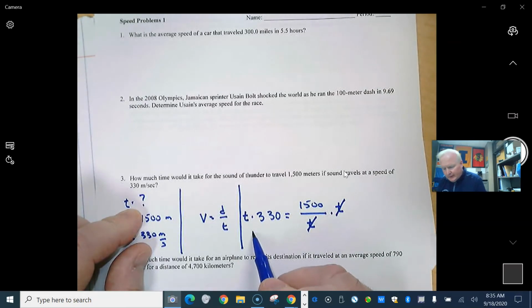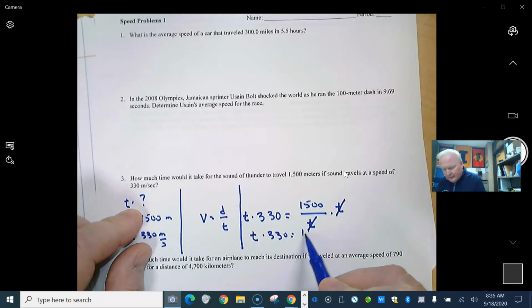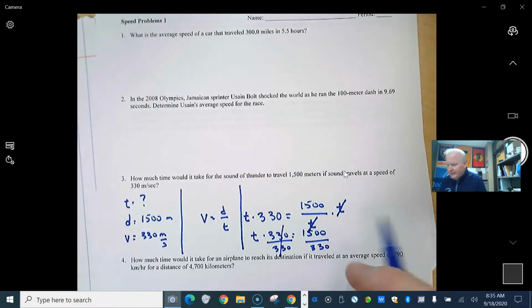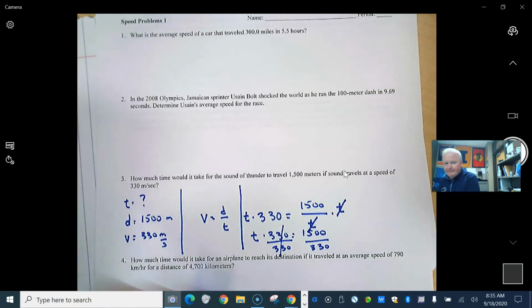And if we rewrite this equation now, t times 330 equals 1,500. Now this is a doable equation for almost everyone, right? T times 330 equals 1,500. All we need to do is divide by 330 on this side, divide by 330 on this side. These cancel. We end up with t equals 1,500 divided by 330, okay?